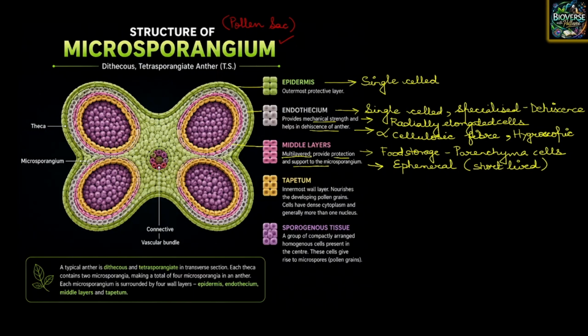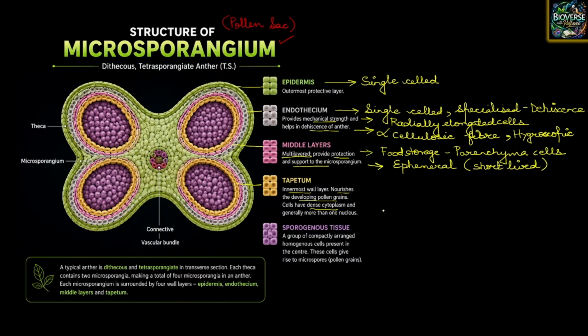Now, the next innermost layer that we are talking about here is the tapetum. Tapetum is the layer that is going to provide nourishment to the developing pollen grains. Whenever we are talking about anything that provides a lot of nourishment, it means that it is going to have dense cytoplasm. Without dense cytoplasm, nutrition cannot be provided.